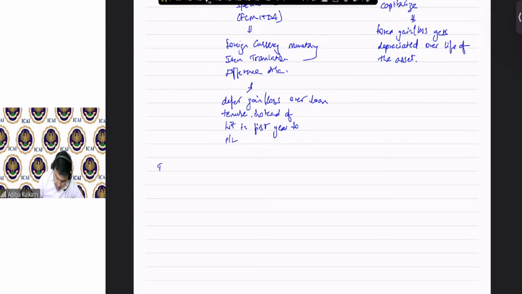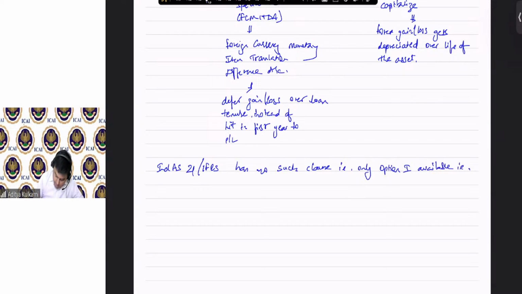So Ind AS 21 or IFRS has no such clause. That is, only option 1 is available.